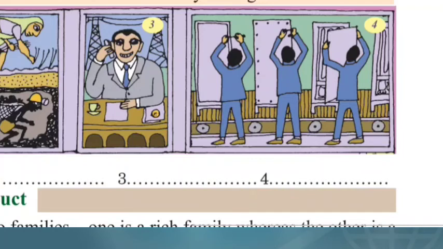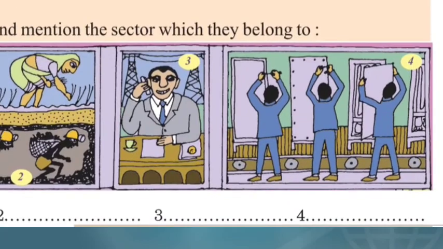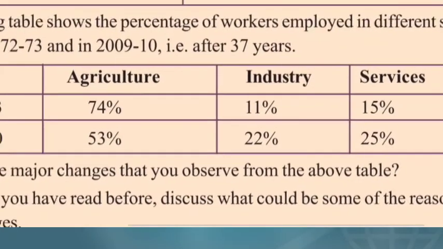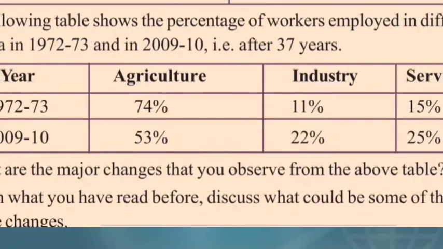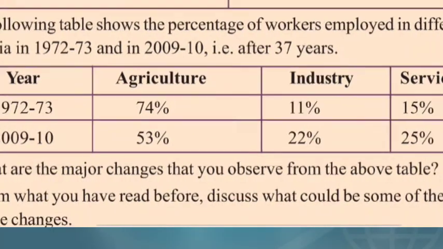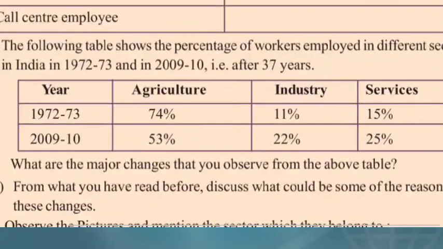The workers employed in different sectors in the financial year in 2009 and 10, and also comparison given in 1972-73 financial year and 2009 and 10 year. What do you observe with this account, this table? This is also important. Understand?